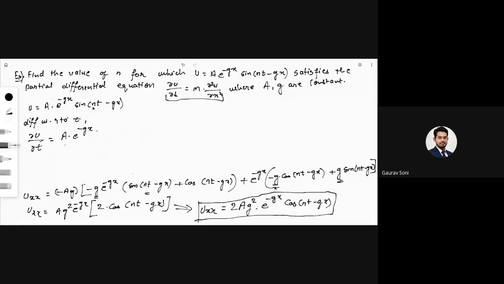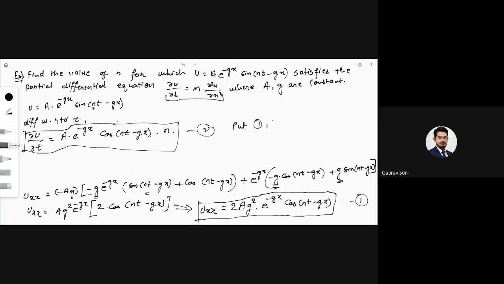Derivative of sine will become cos nt minus gx. By chain rule, derivative of nt minus gx with respect to t will become n. This is your 2. And this is 1.